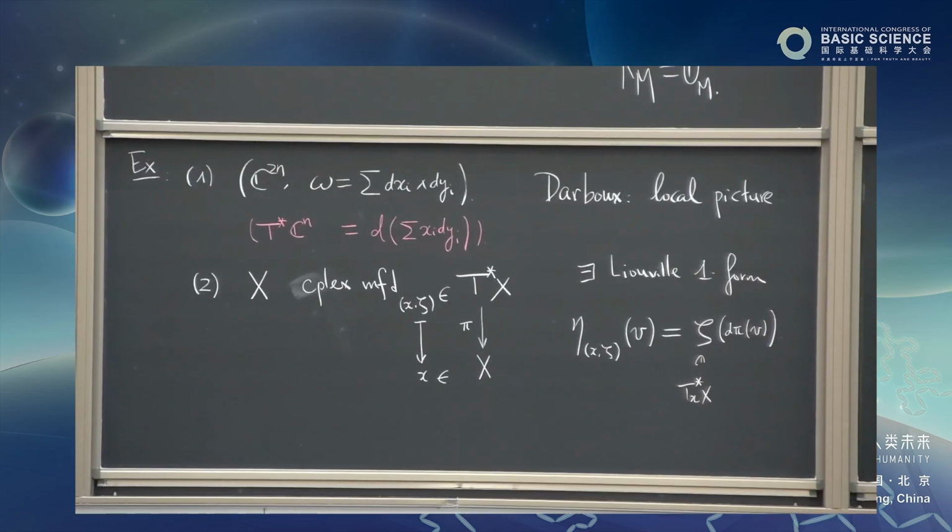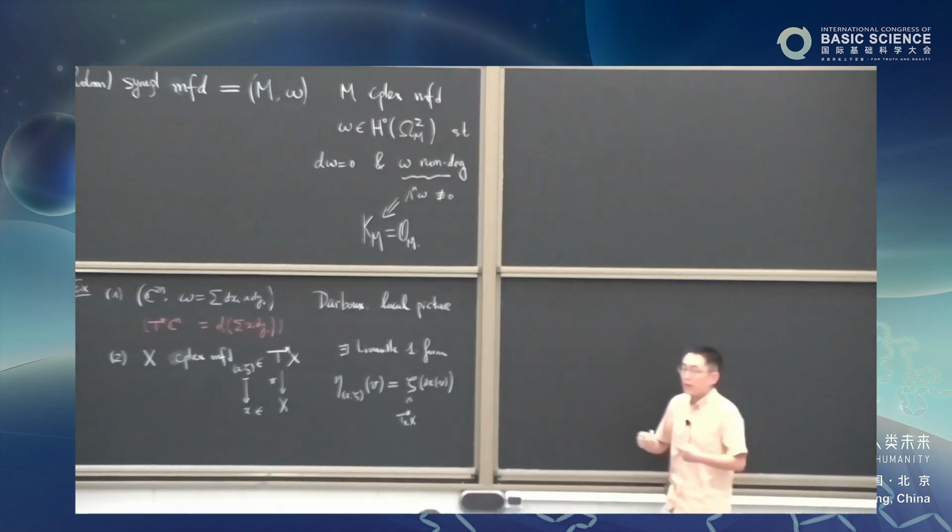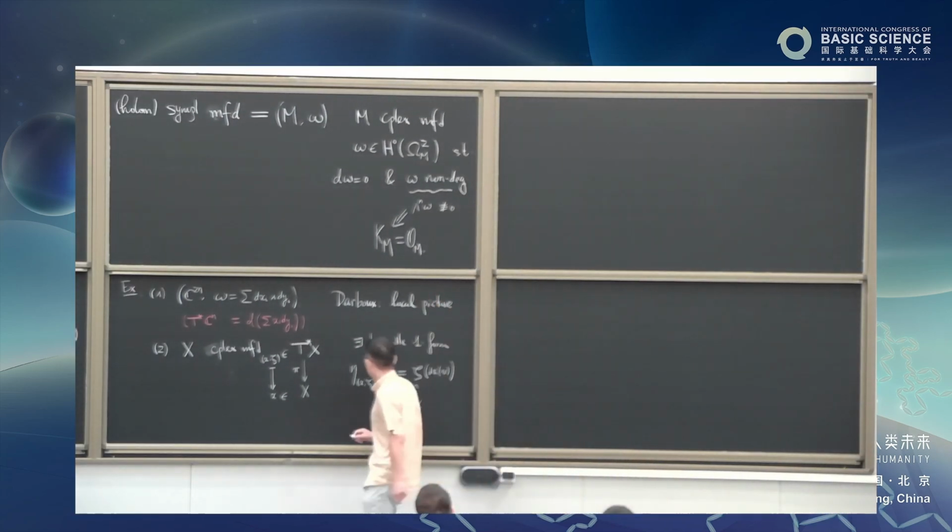This gives you the Liouville one-form eta, and then you can take the derivative.